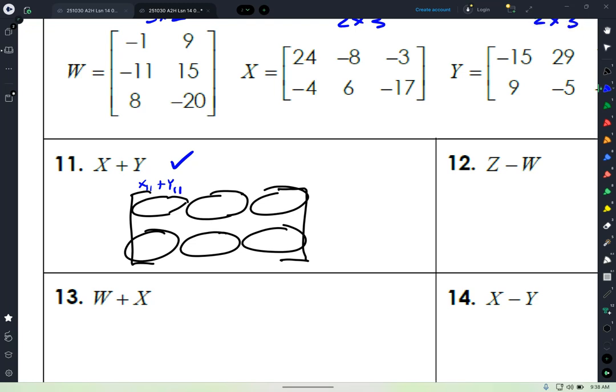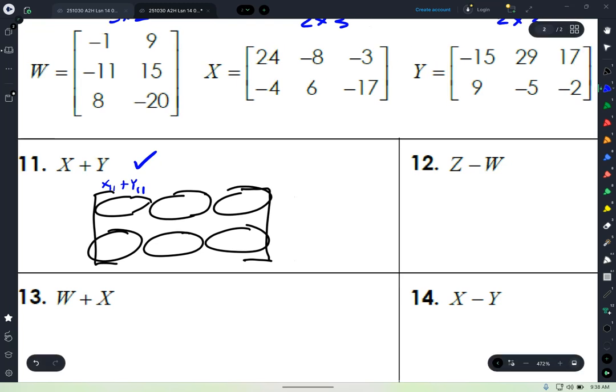See what I did? So then I'm going to add 24 and negative 15. And what's the result of 24 plus negative 15? Positive 9 goes in the new matrix answer. Get it? Okay, we'll do this just one more time.